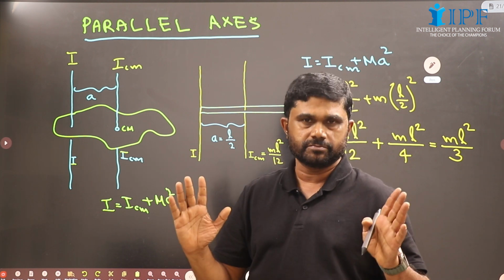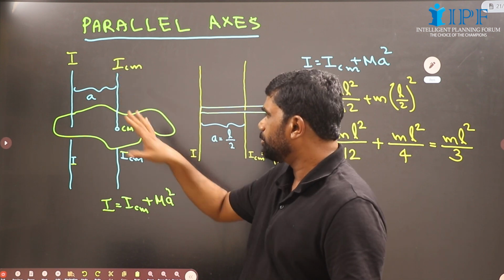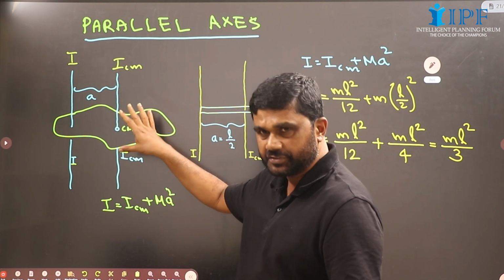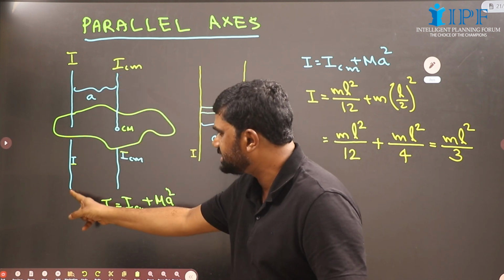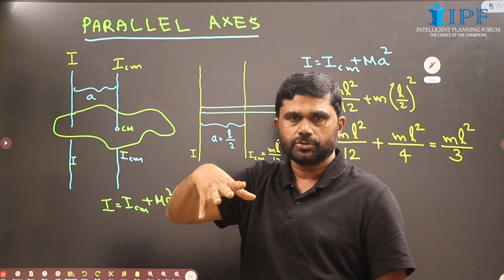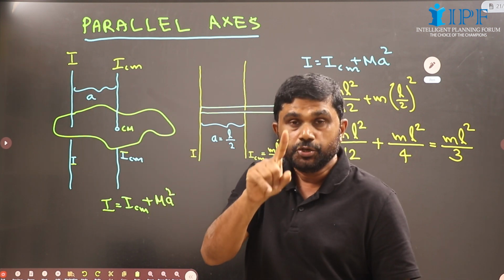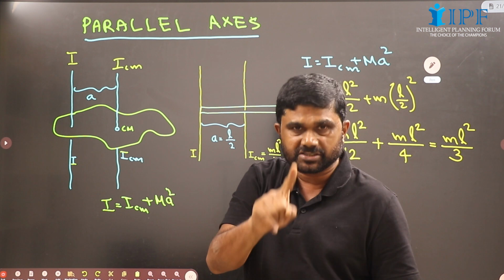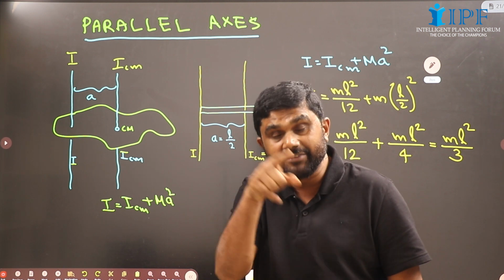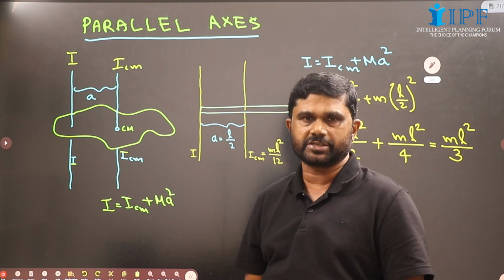That is rigid. So suppose we want to find the moment of inertia of this body about this axis, which is an arbitrary axis. What you have to do now is consider an axis parallel to the given axis and passing through the center of mass.